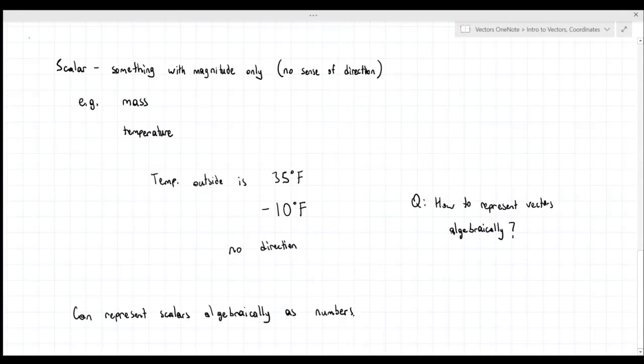Okay. So we want to be able to do some math with vectors. In order to do that, it'll be useful to have a way of representing them algebraically so that we can then do things such as adding them together and whatnot, okay?